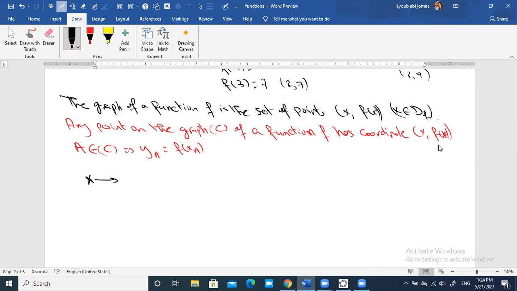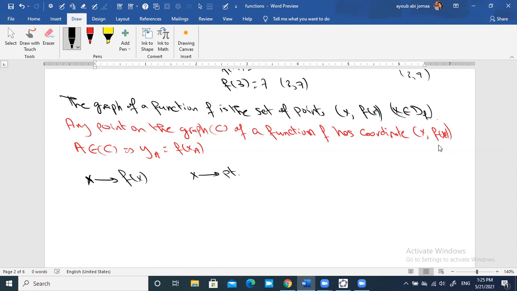طيب, x is assigned to f of x. طيب, شو يعني؟ يعني for each value of x, it has one point, or it corresponds to one point. Each value of x can be represented on the graph by one point.